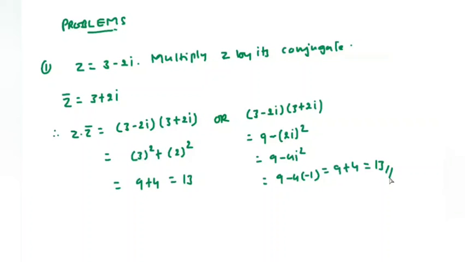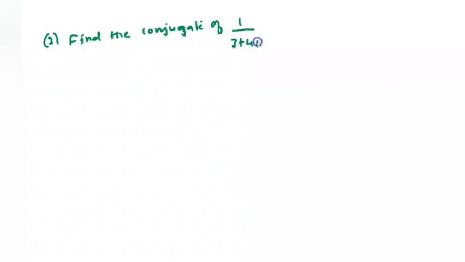Now another example let us consider. Suppose you are given to find the conjugate of a number which is represented by 1 upon 3 + 4i. Now remember that this number is not in the standard form, a + ib form.